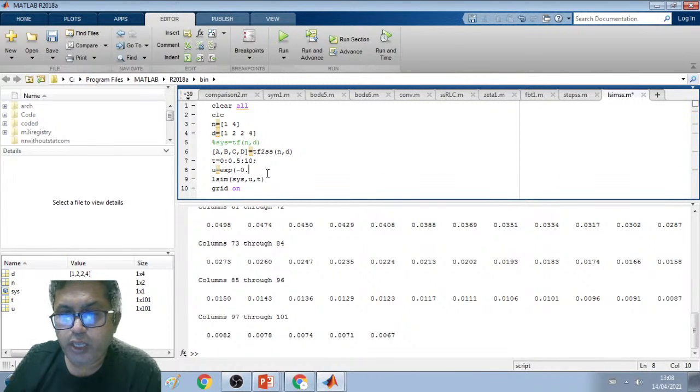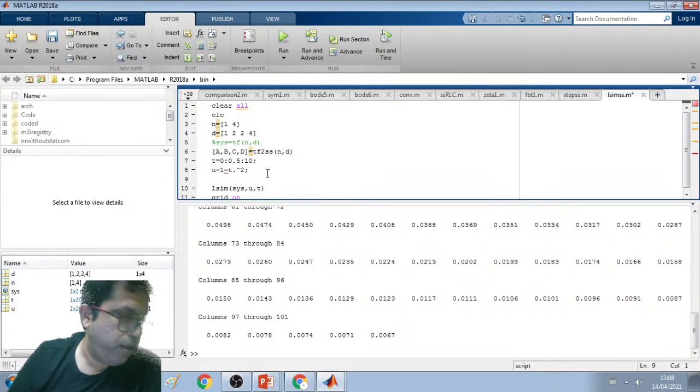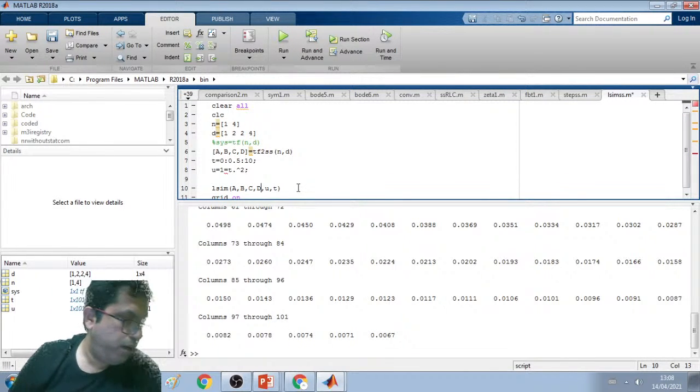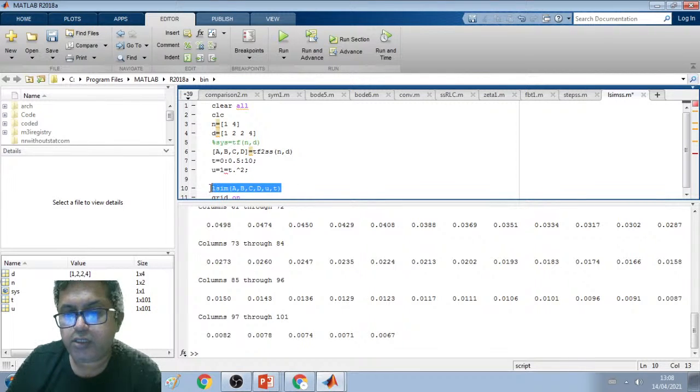U is equal to 1 plus T dot cap 2. Okay. LSIM is equal to A comma B comma C comma D comma U comma T.